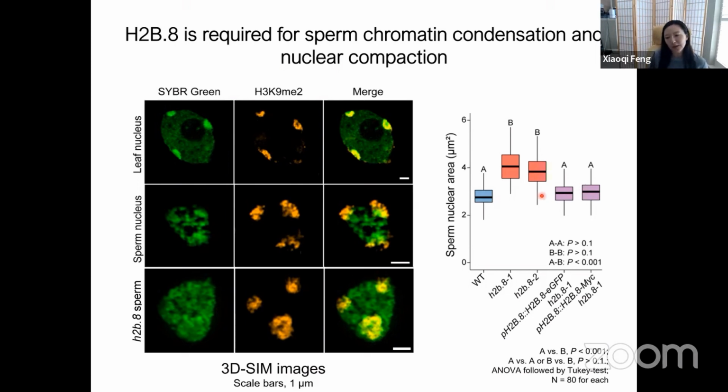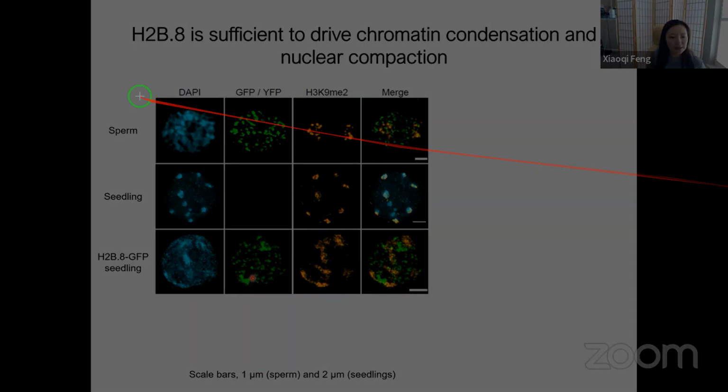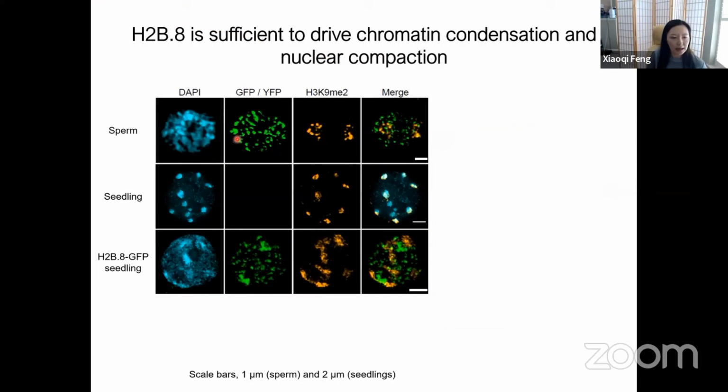Next, we wanted to see if H2B.8 is sufficient to drive chromatin and nuclear condensation. To test this, we ectopically expressed H2B.8. If you look here, H2B.8 forms these distinctive foci in the nucleus. And excitingly, we observed similar foci in somatic cells expressing H2B.8.